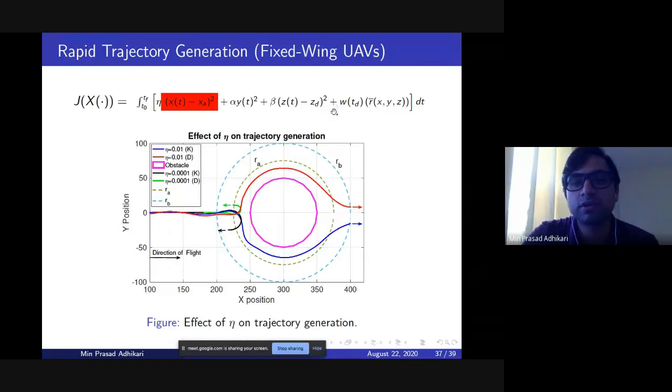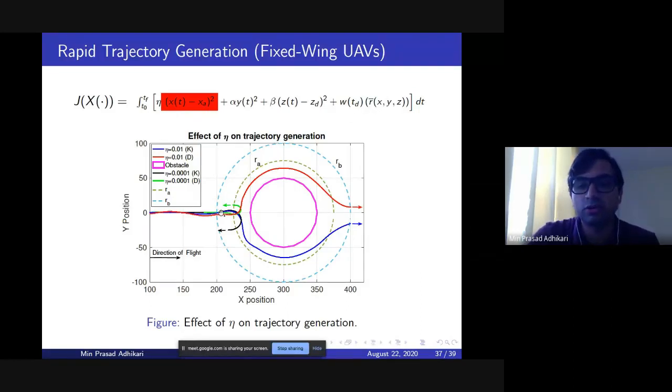It's because the impact of this term becomes really small and the impact of this one becomes really high, and you are, numerically, only focused on avoiding the obstacle. That's why it's better to have eta change dynamically, meaning you want to change eta based on whether you're near obstacles or far away from them. If you're near obstacles, you want to have this penalty higher as well, along with this.